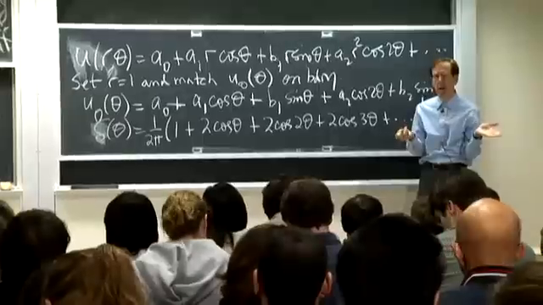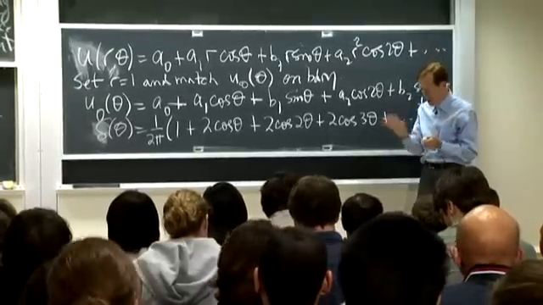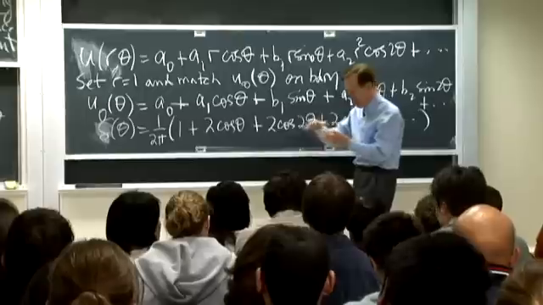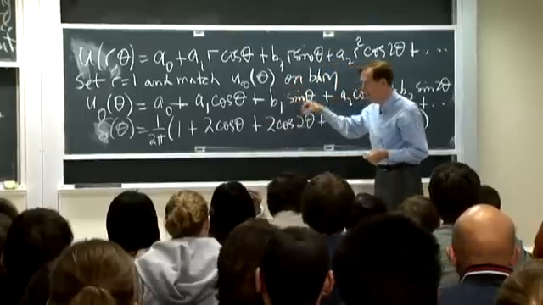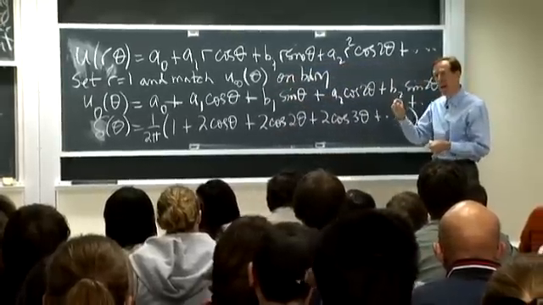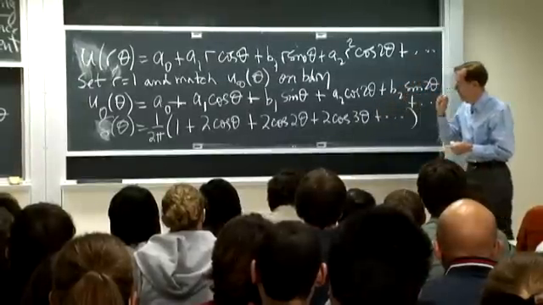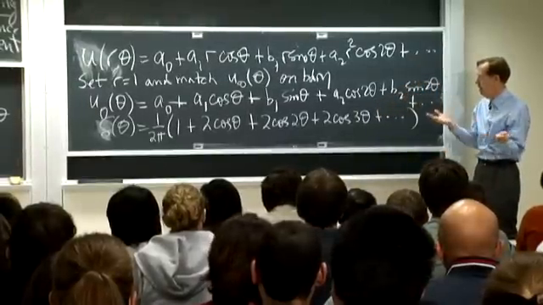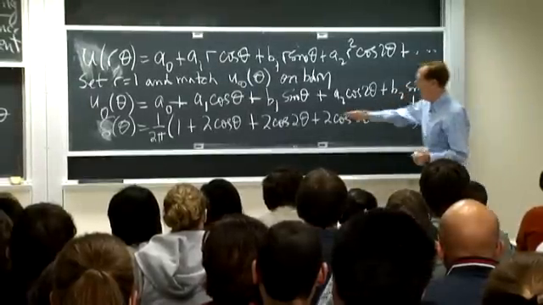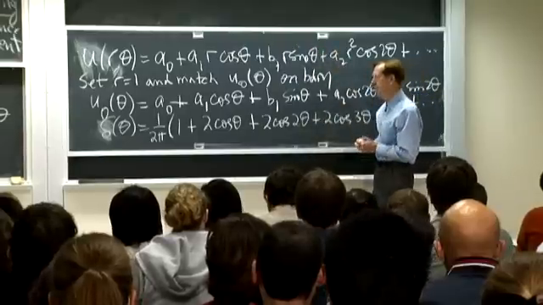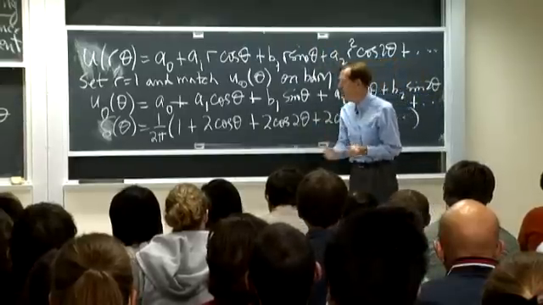Now, you can tell me what's the solution, what's the temperature distribution inside a circle when one point on the boundary has a heat source, a delta function. What do I do? How do I match this with this guy? I just put in the r's, right?